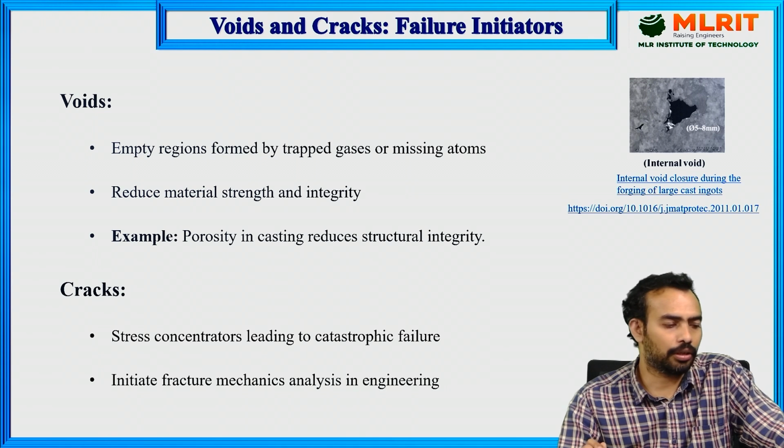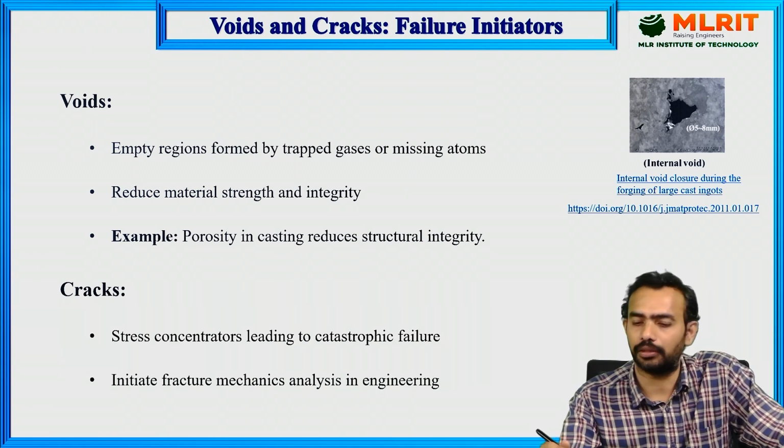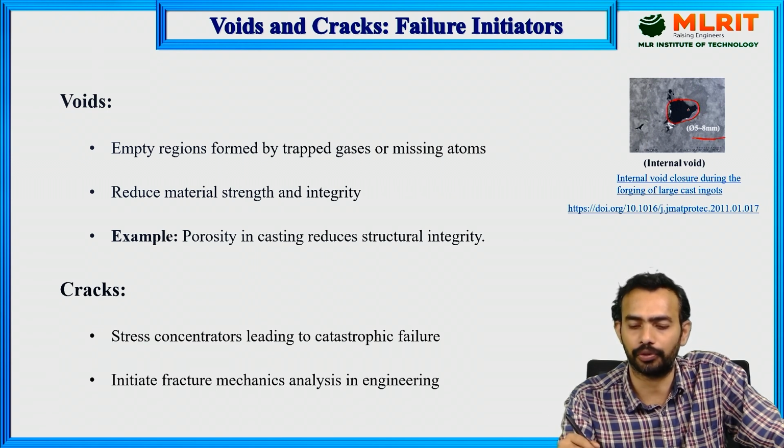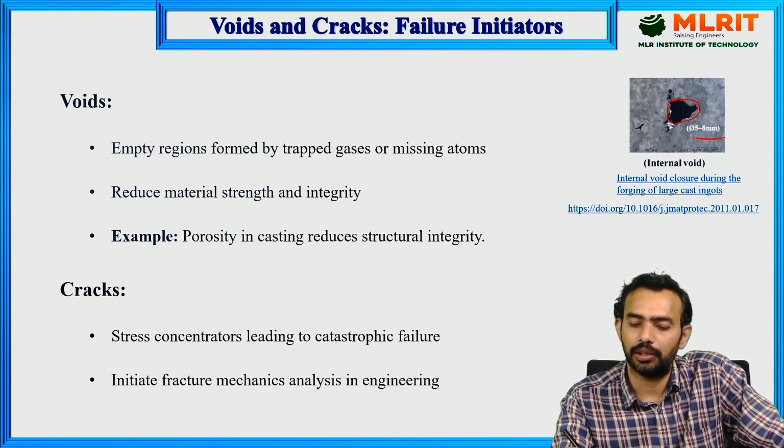So in short, voids, as we have discussed. A microscopic image is also given, showing a void with a diameter of 5 to 8 mm, formed during the forging of large cast ingots.